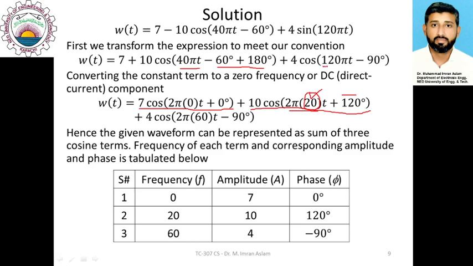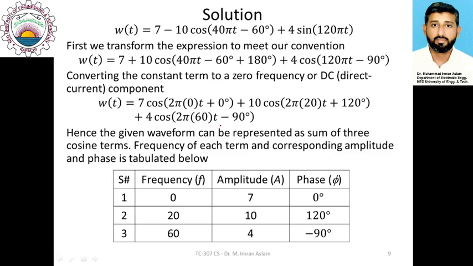Similarly, for the third term, 120 pi t can be written as cos of 2 pi into 60. So again we have the frequency 60 here in this representation. So now we have transformed the given waveform into our standard or conventional form.